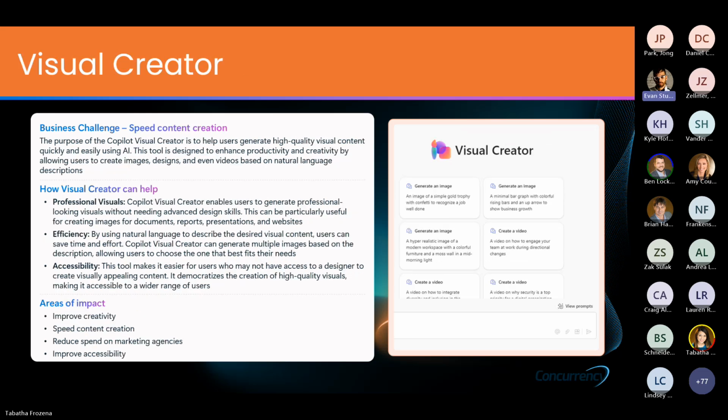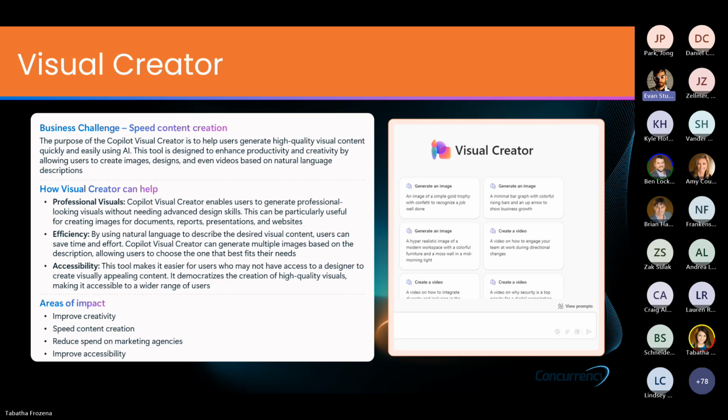The Visual Creator is designed to help users quickly generate high quality visual content using natural language. Visual Creator helps by creating visual assets quickly, whether for presentations, reports, or marketing, without needing a designer. Visual Creator helps specifically in three main ways. Number one, it produces professional looking visuals from just a text prompt, perfect for those without design skills or even those with design skills that need it faster.